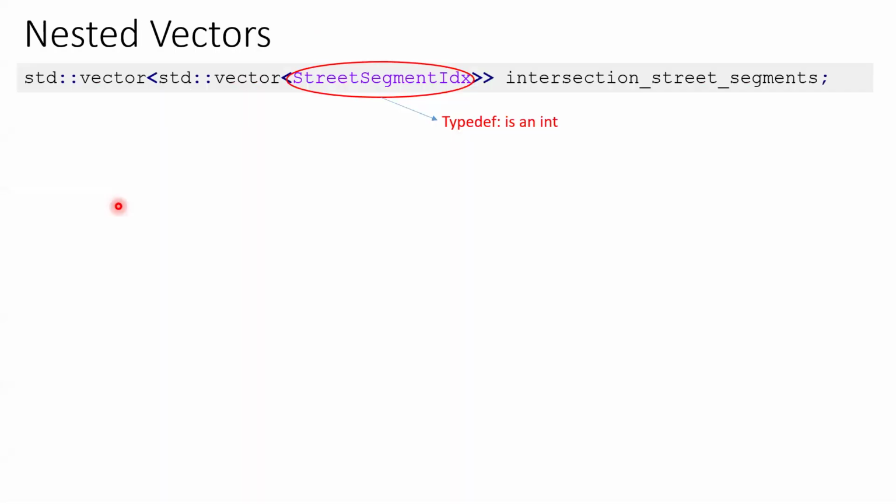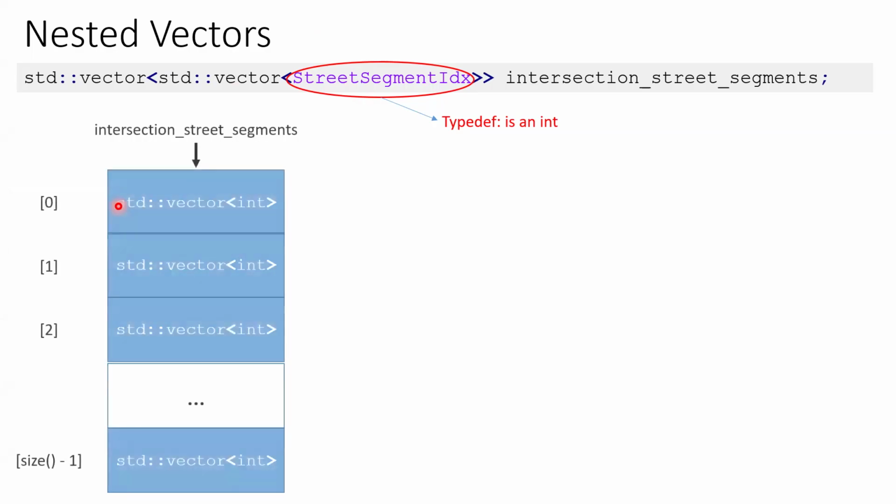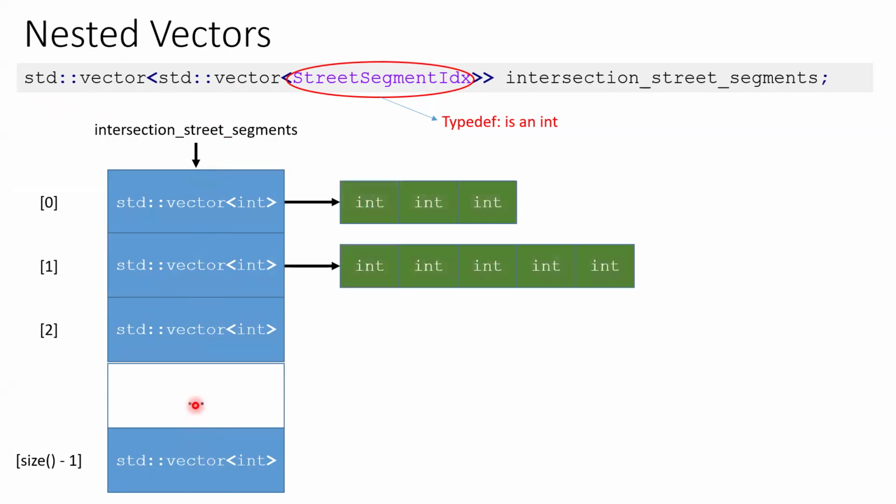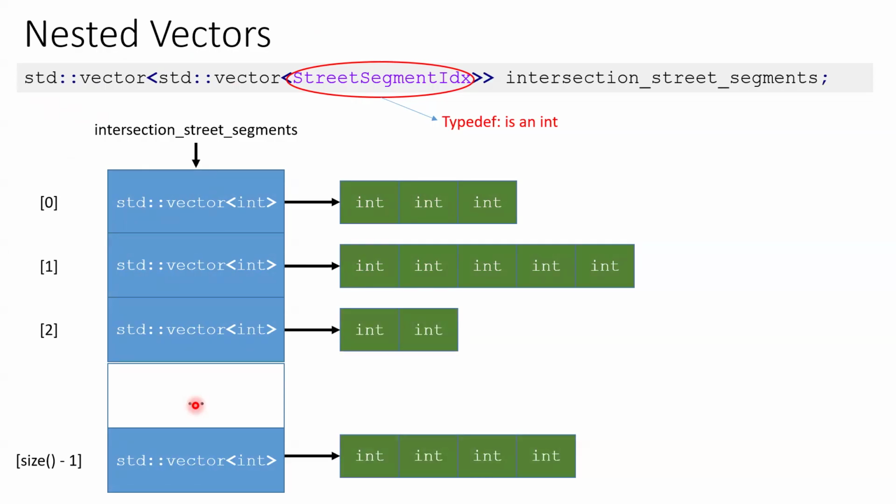What this global variable looks like: a vector of vectors of int. Each inner vector represents the street segments connected to the intersection at that index.